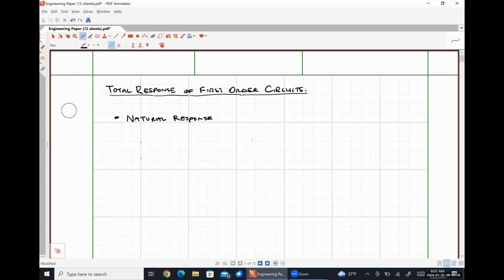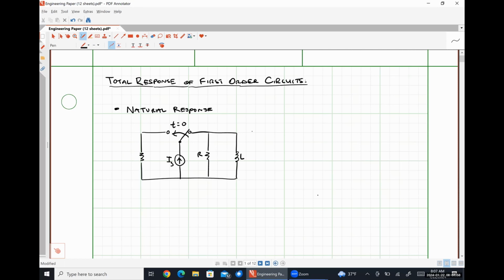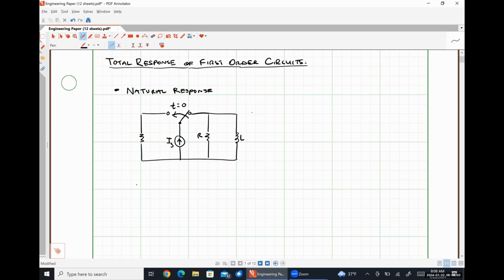I think we started off with an RL circuit, if memory serves me correctly. Here's R, here's L.